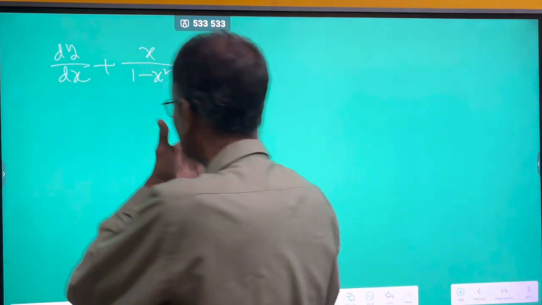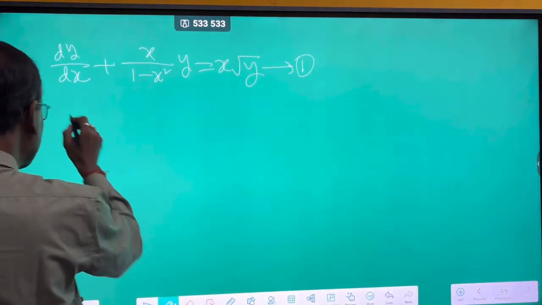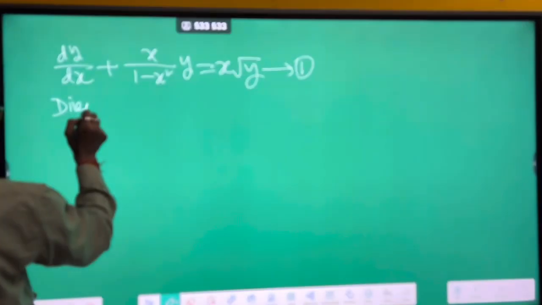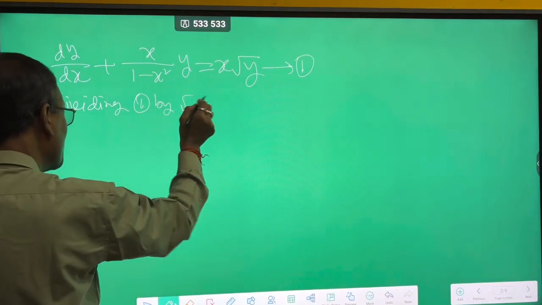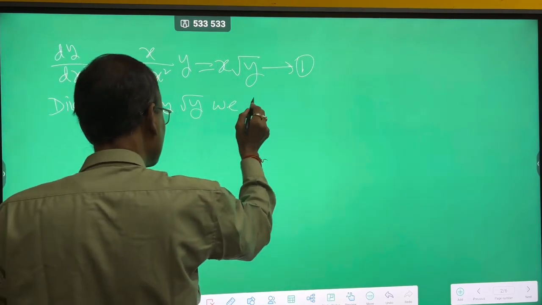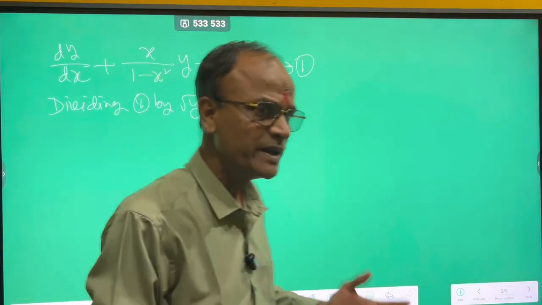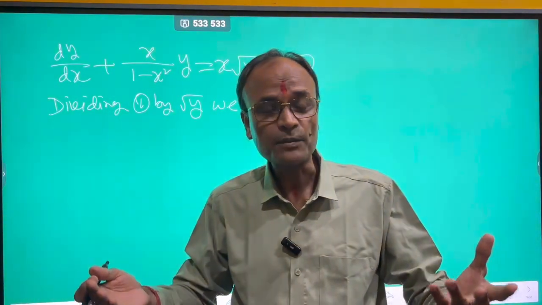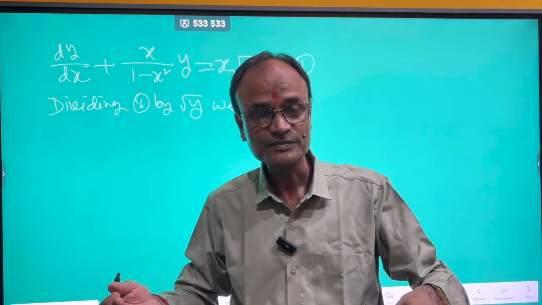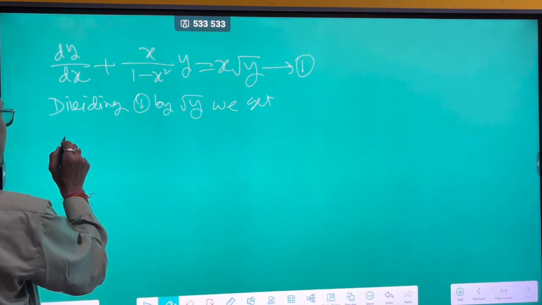Now dividing by root over y, that is y to the power half, 1 by y to the power half means y to the power minus half. You may write y to the power minus half.